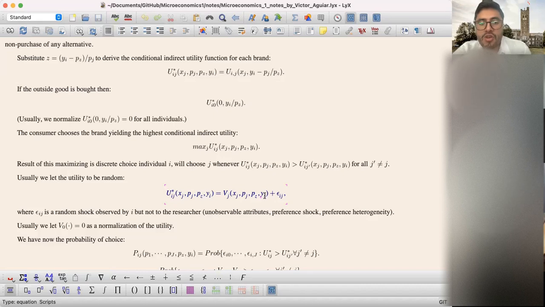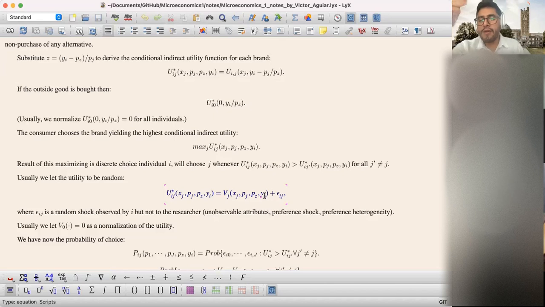This is going to be a random shock that is going to be assumed to be IID. So what is IID from your stats classes? It's identically and independently distributed, right? So there is going to be an unknown but given distribution, and all individuals in this population are going to have draws of this taste shock.